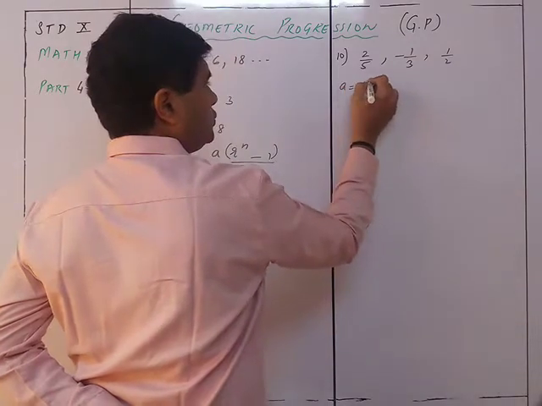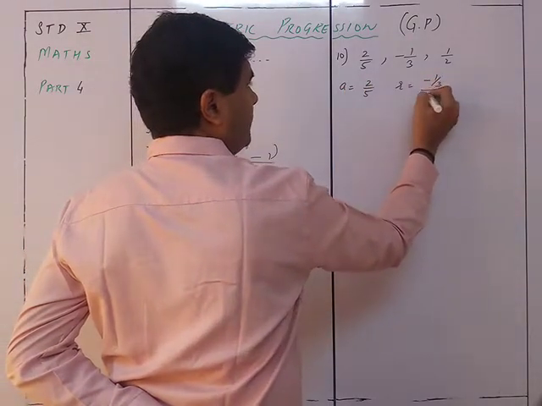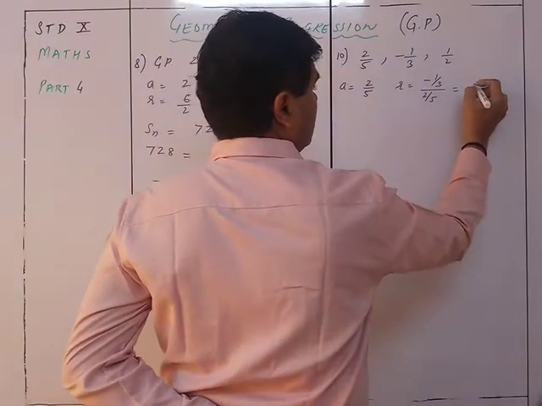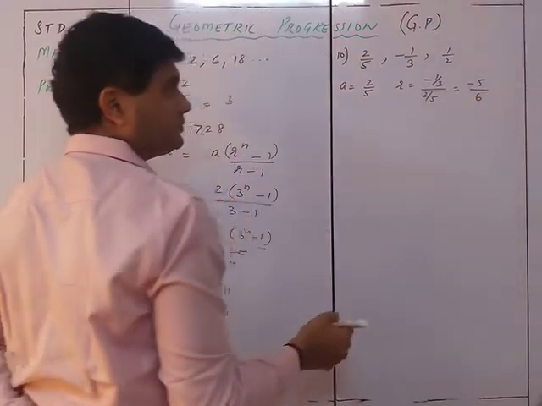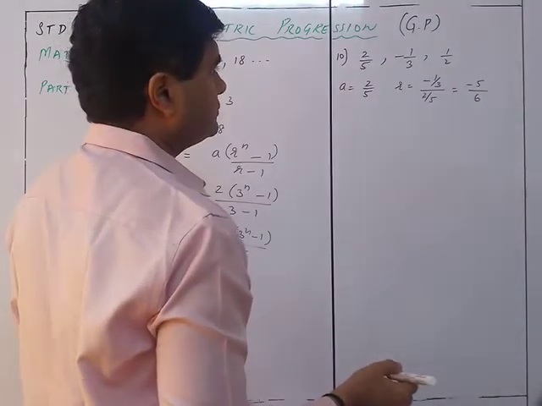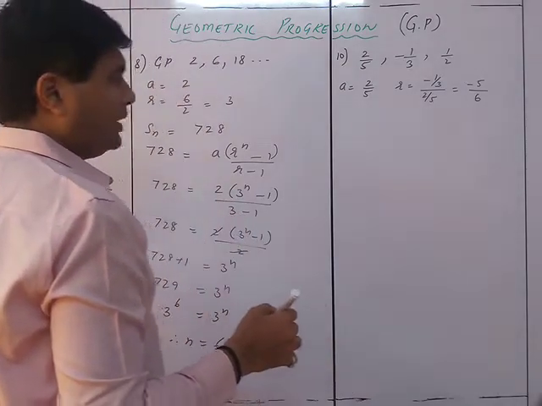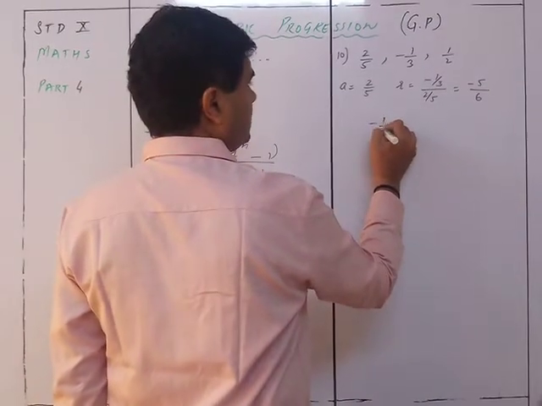So a is equal to 2 upon 5. r is equal to minus 1 upon 3 divided by 2 upon 5. That will be given as minus 5 upon 6. Yeah, minus 5 upon 6.